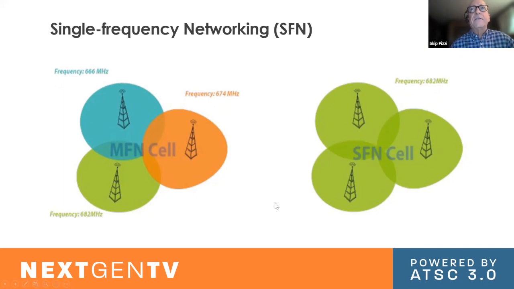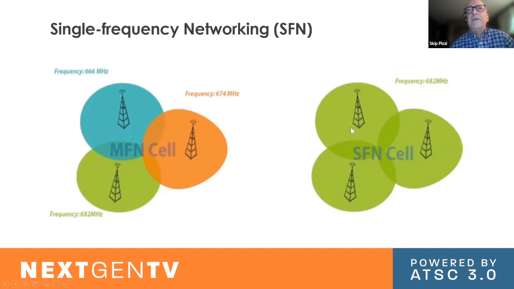So it looks like it could be a very helpful future element and really get that signal-to-noise ratio up across the full coverage area, as opposed to just being strongest in the center and weaker as you go out to the edges.